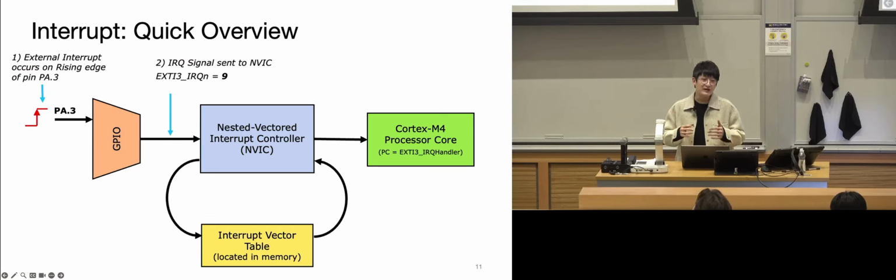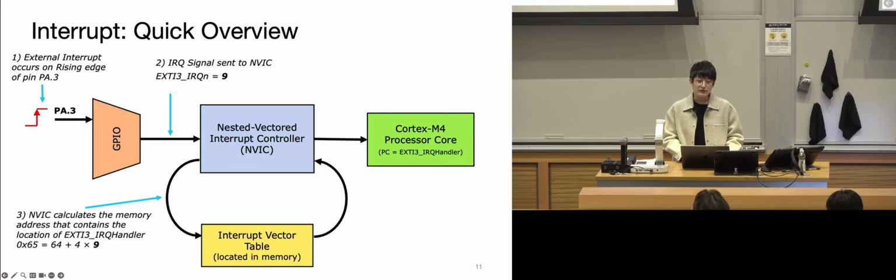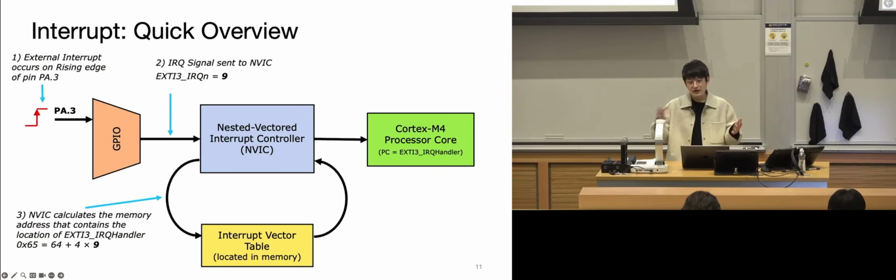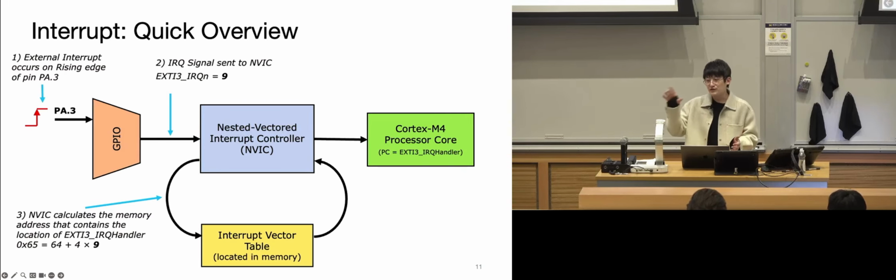So there is an interrupt request number associated with each of the interrupts, and you will calculate the memory address containing the location of this interrupt request handler function. This is the formula: 64 plus 4 times 9. The 4 is because it's 4 bytes, all 32 bits per register.